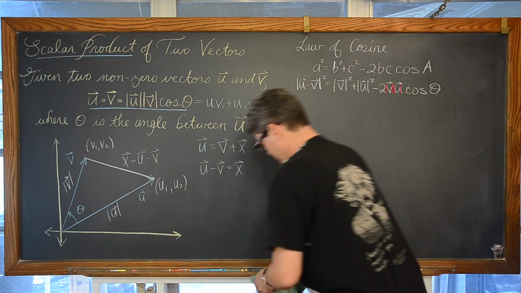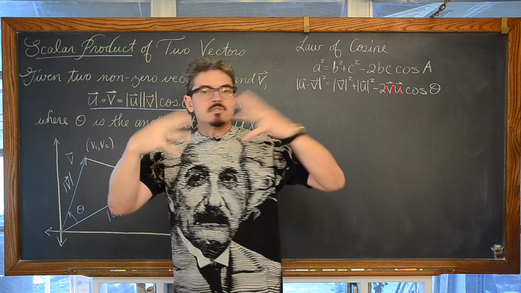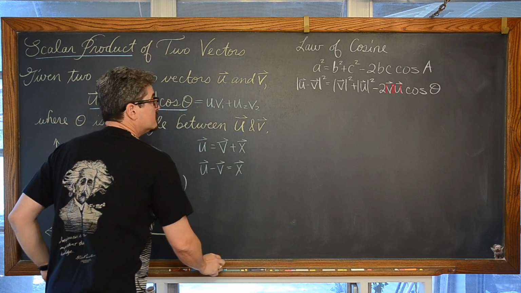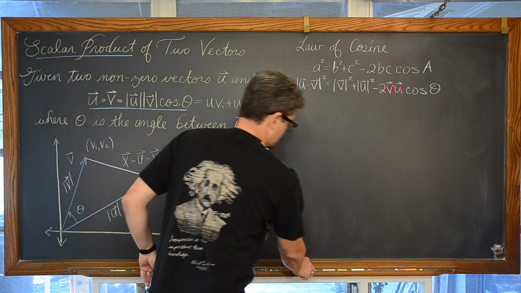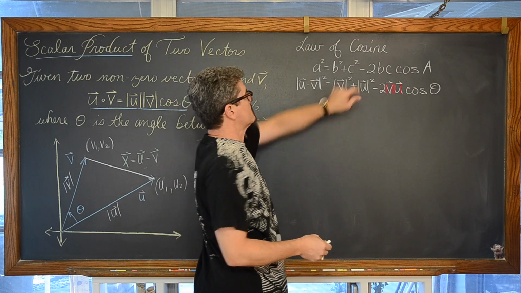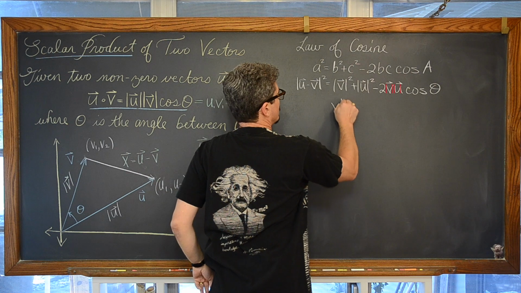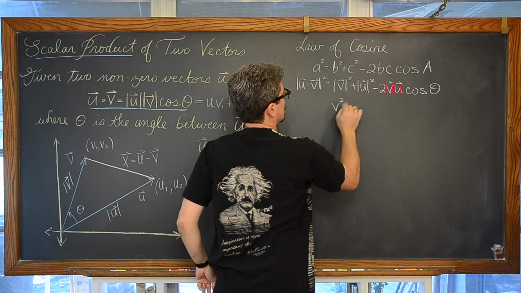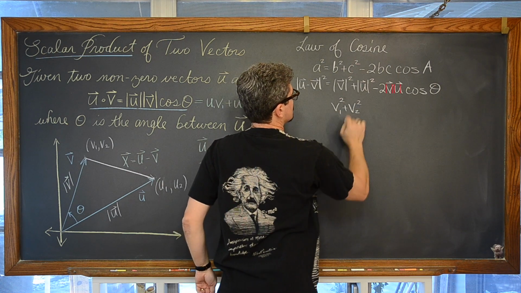We can start expanding out this formula, and we get the magnitude of vector v squared is going to be v sub 1 squared plus v sub 2 squared.